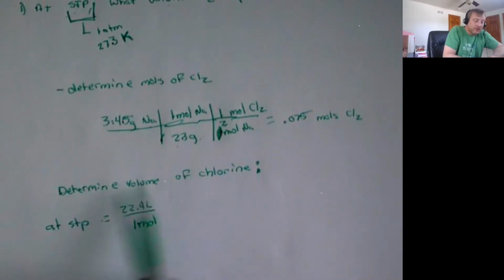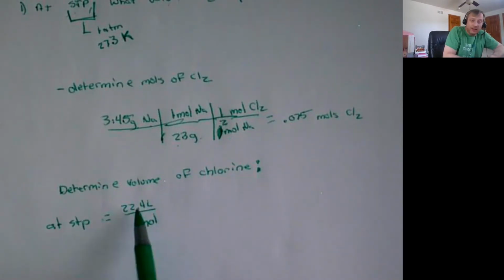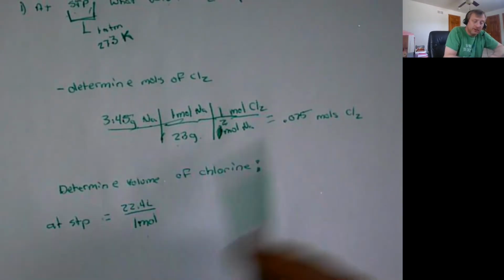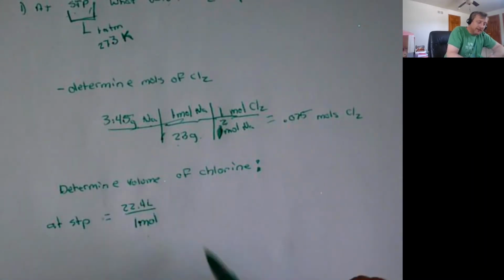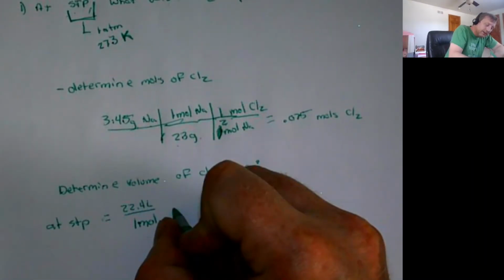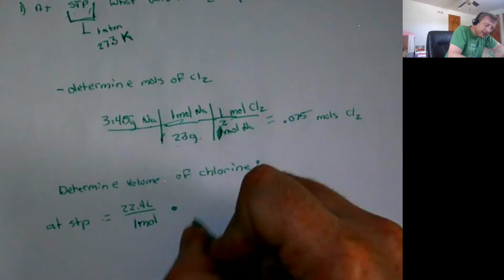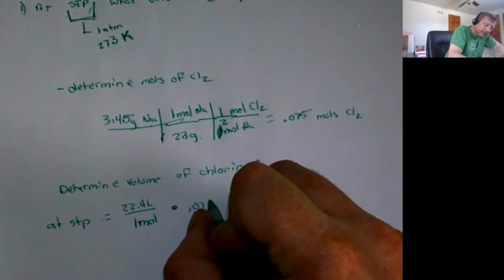And so as long as we're at STP, we can just apply this conversion factor to our number of moles. It'll give us our number of liters, and we're done. So in this particular case, since we are at STP, that is by far the easiest way to do this. And I'm just going to say times that 0.075 moles.